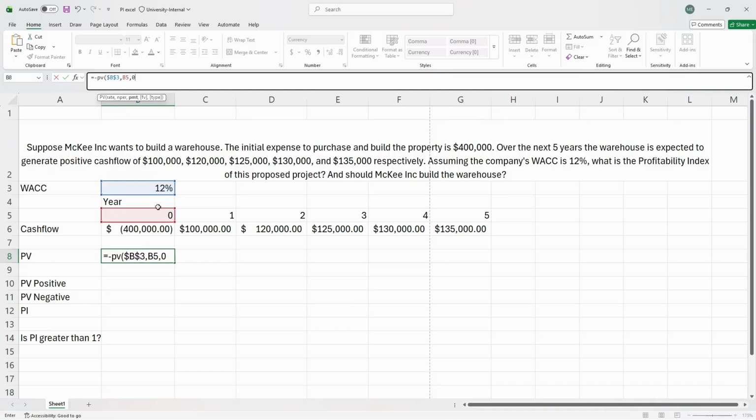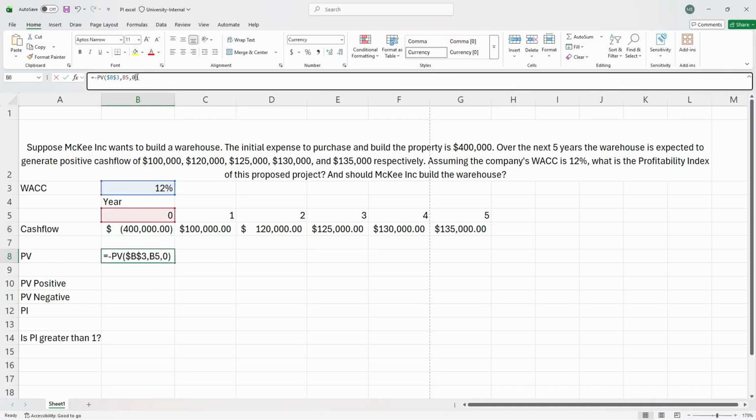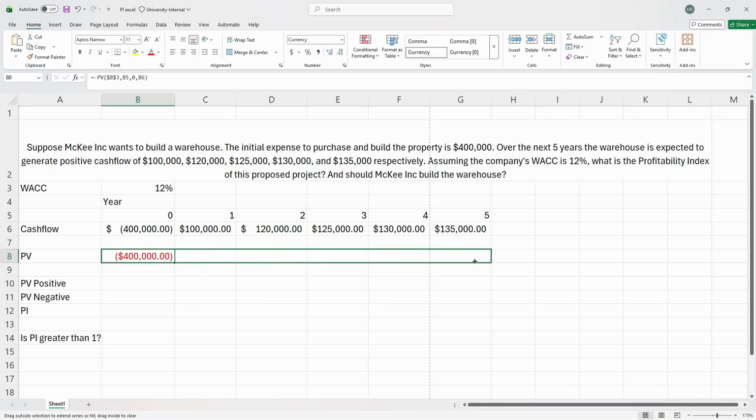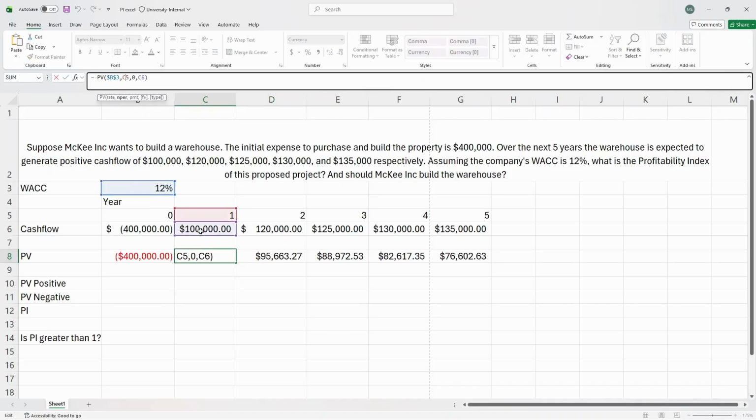And our future value is our value for the cash flow. So I still stay with that negative 400,000, and now I can click and drag, and it will update to the new year and new cash flow, but it will stay fixed at my WACC.